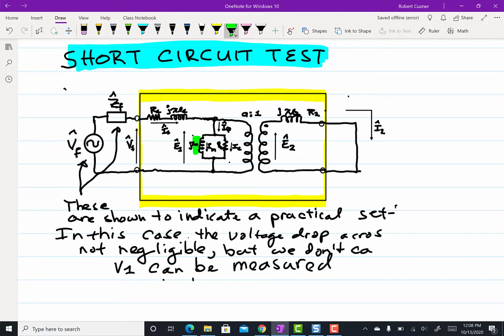So far we've been able to find the magnetizing inductance and the core loss resistance, but we still have other parameters that we need to find in order to fully characterize the single-phase transformer. So we've got XM, RC. We need to find R1, XL1, the XL2 secondary leakage inductance, and secondary resistance.